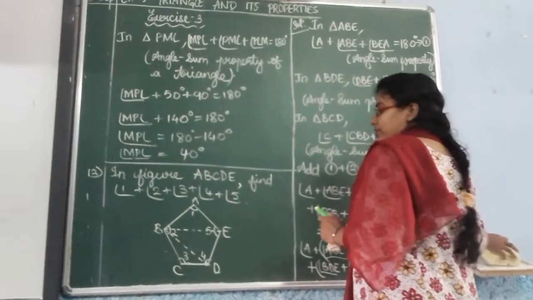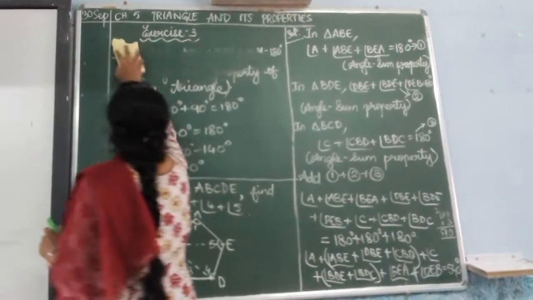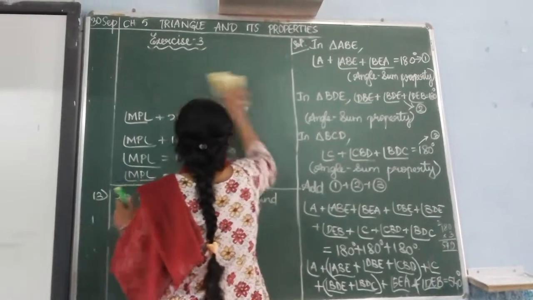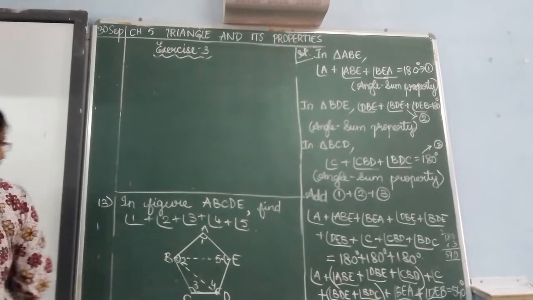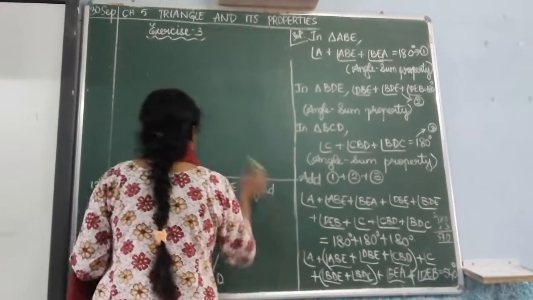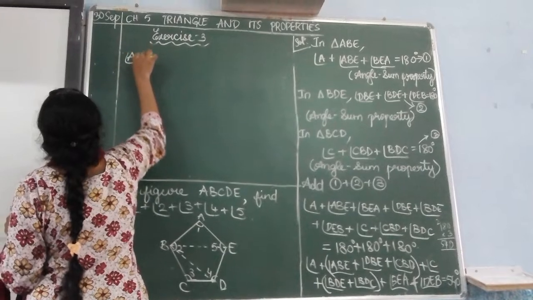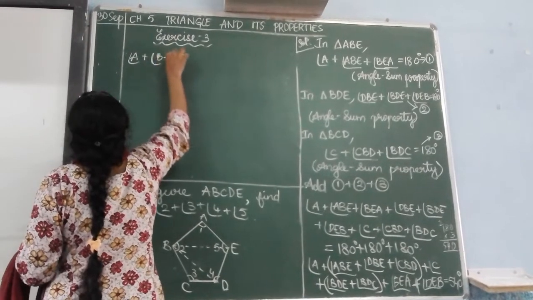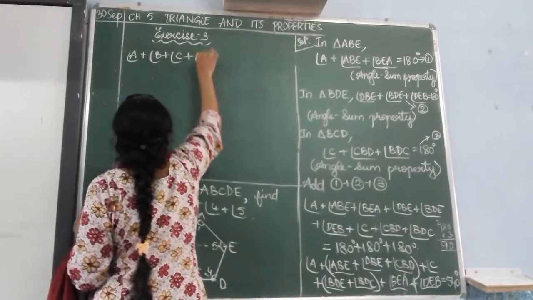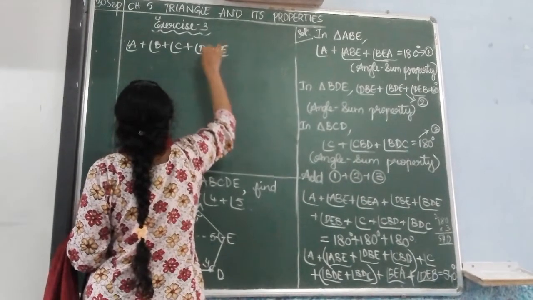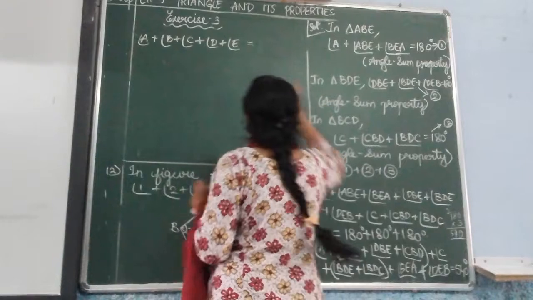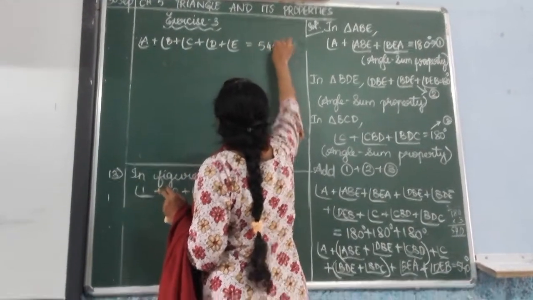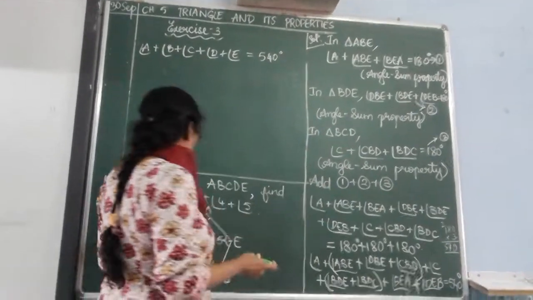So a little bit is left. Let us complete this part. Now we are going to substitute the values. This is nothing but angle A plus angle B plus angle C plus angle D plus angle E is equal to 540 degrees. Now what is angle A?